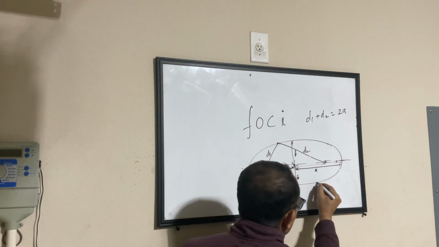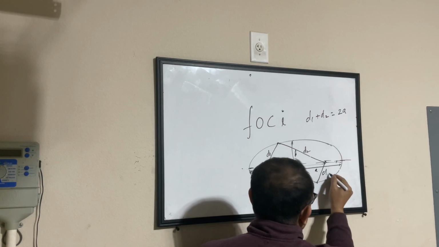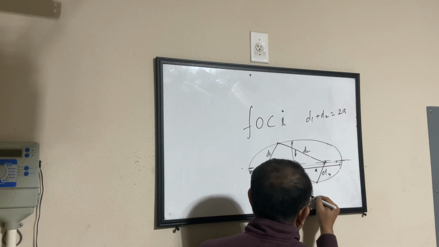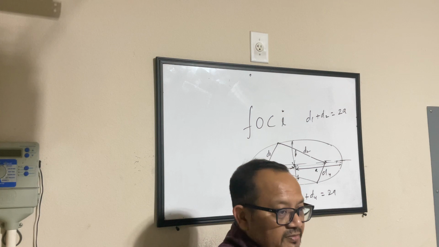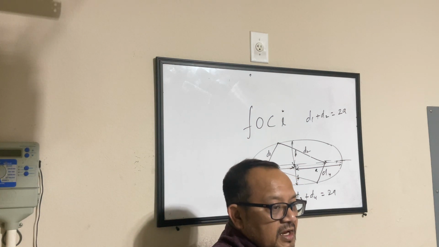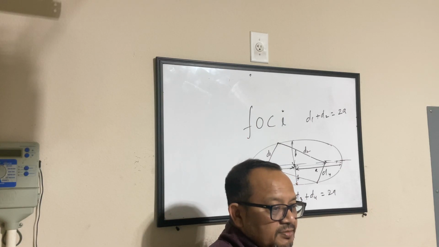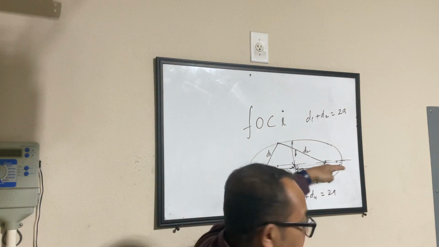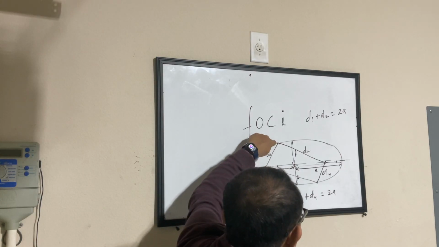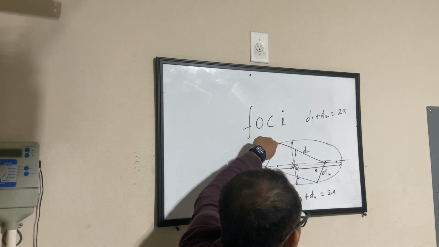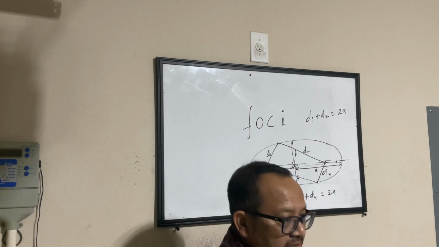Now you pick up another point, let's say this is D3, D4. So D3 plus D4 is also equal to 2a. So that's a unique property of an ellipse, which says that foci are 2 symmetric points along the major axis of the ellipse, where for any point on the boundary of the ellipse, the sum of the distances of that point from both the foci is equal to 2a.